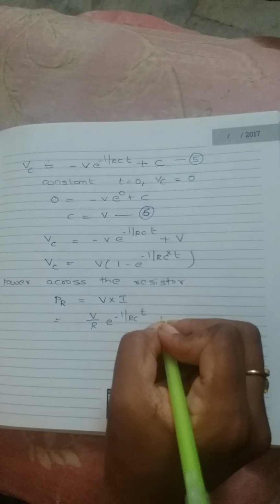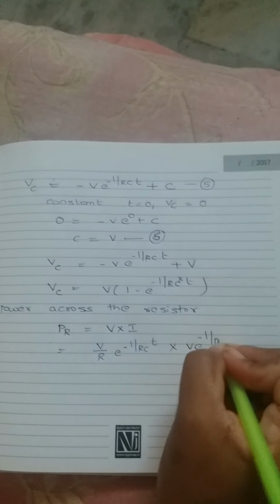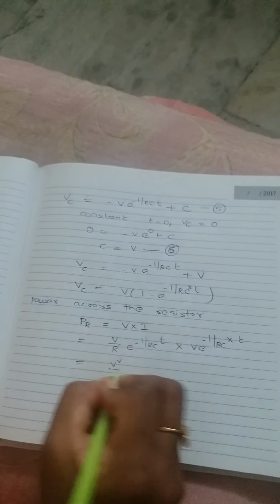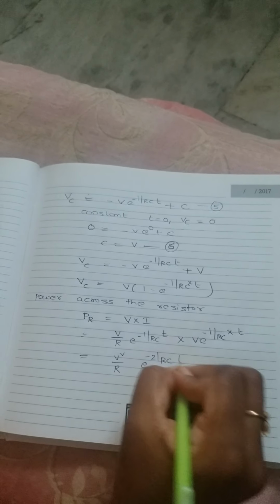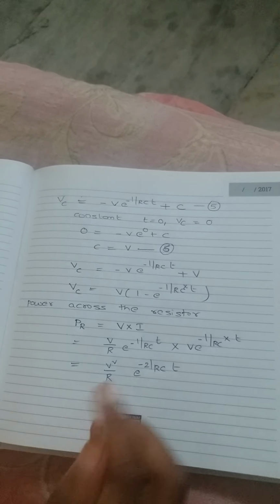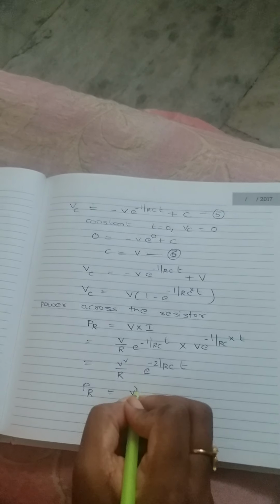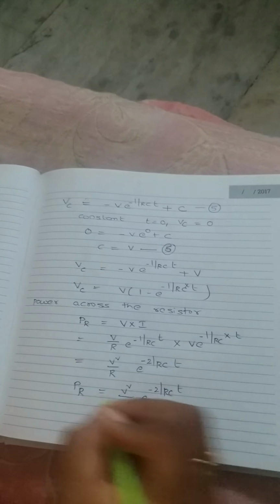And V is nothing but the voltage across the resistor, that is V e power of minus 1 by RC into t. Then V square by R e power of minus 2 by RC into t. The formula for power across the resistor is V square by R e power of minus 2 by RC into t.